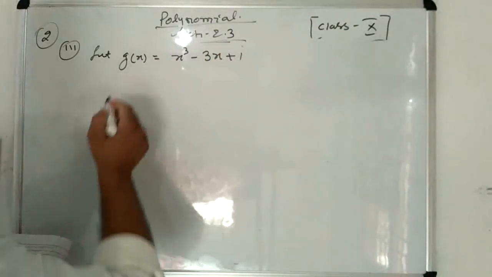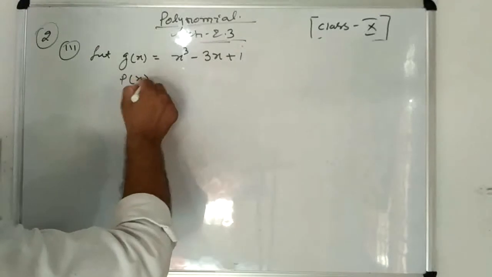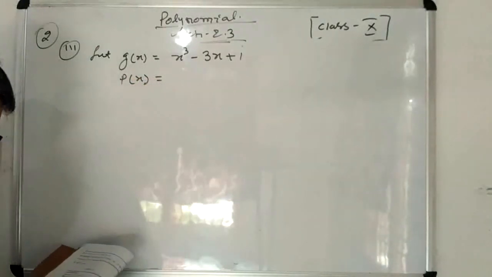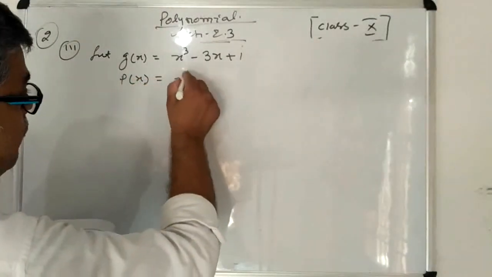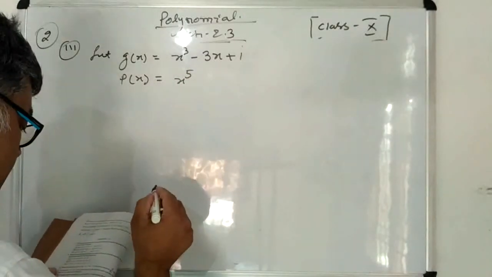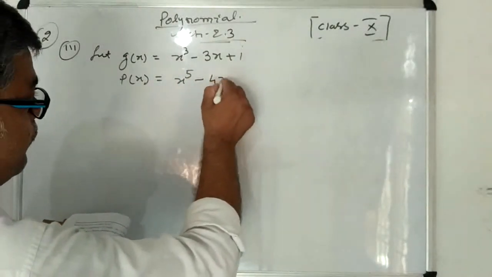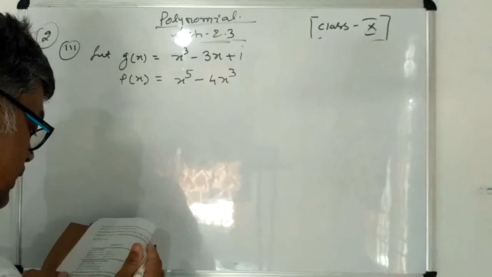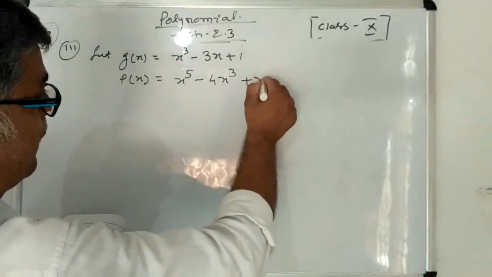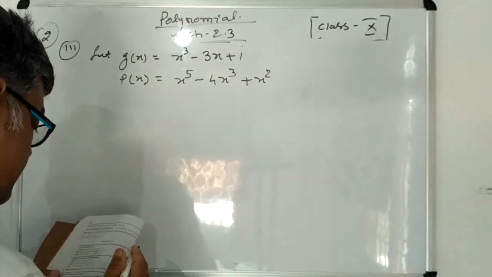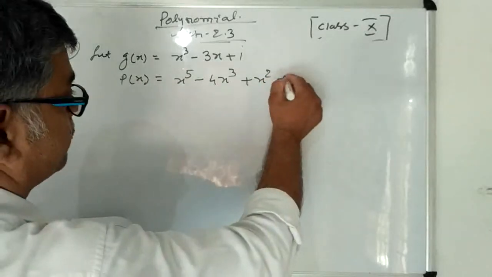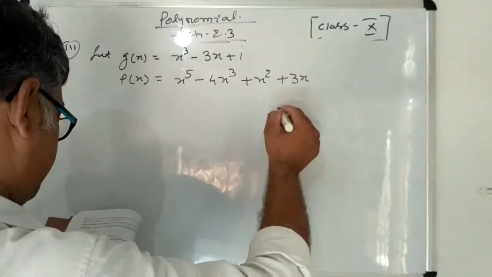And let the second polynomial be p(x), and p(x) is x to the power 5 minus 4x cube plus x square plus 3x plus 1.